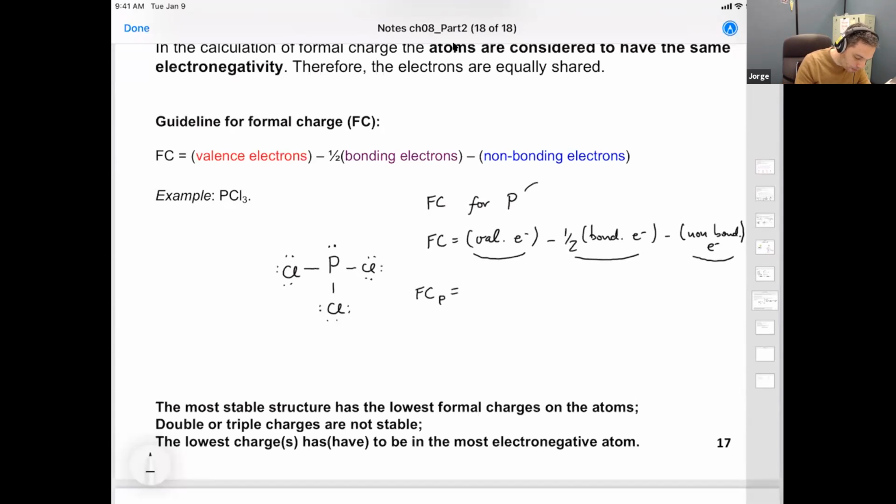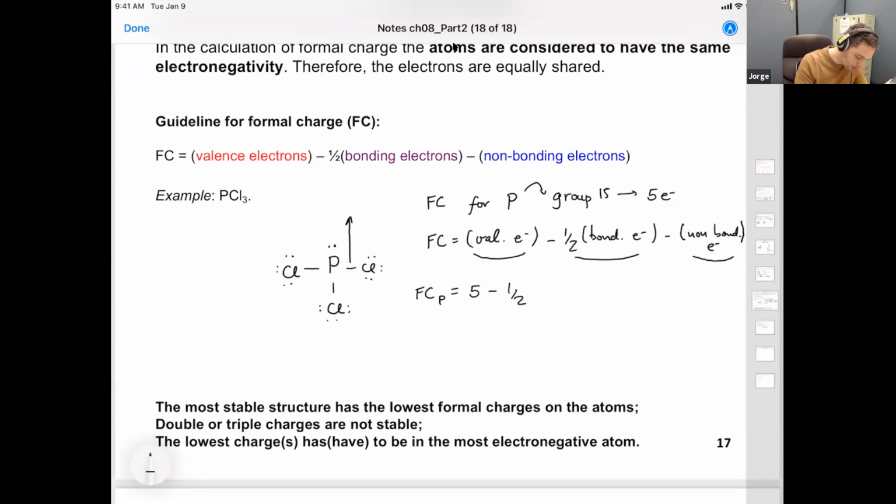Phosphorus belongs to group 15. Therefore, it has 5 valence electrons. So that's what phosphorus started with. So let's put 5 minus half of the bonding electrons.